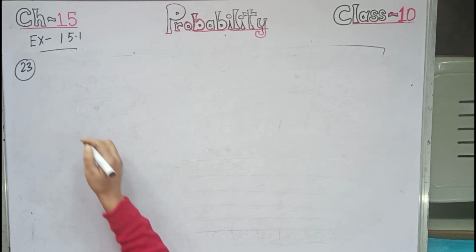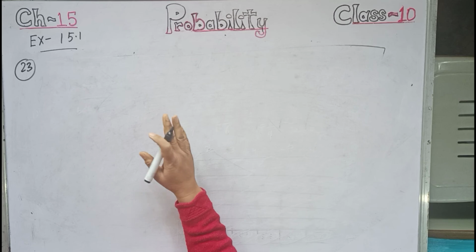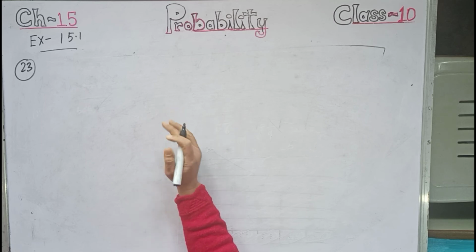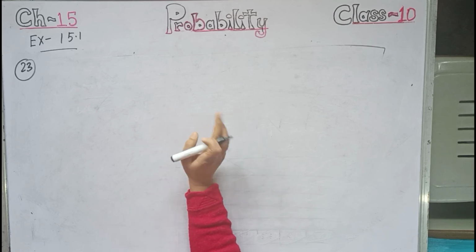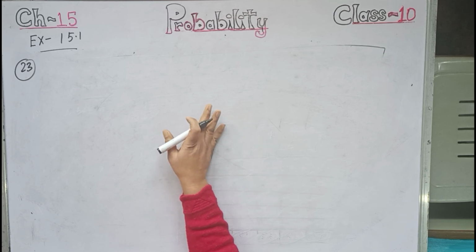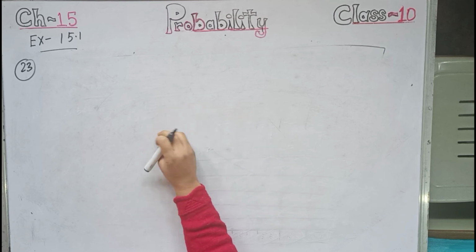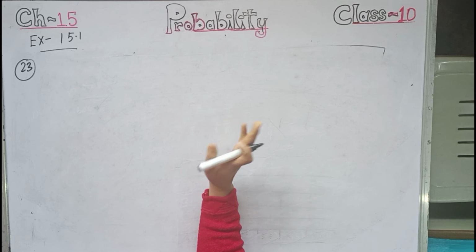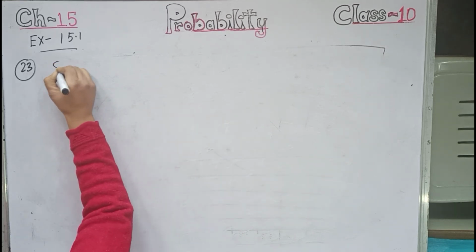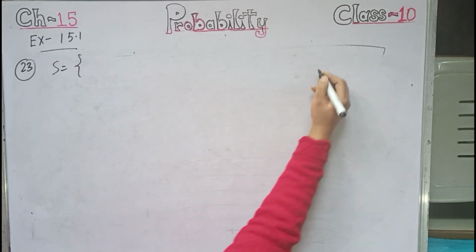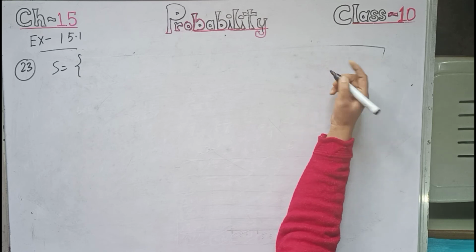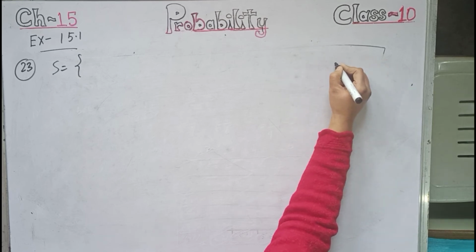So a coin is tossed 3 times. I said in the first video that a coin tossed 3 times or 3 coins tossed simultaneously should both be considered the same, meaning you will write the same observations for the sample space. So here the sample space we will write as 3 coins tossed, so 8 outcomes.